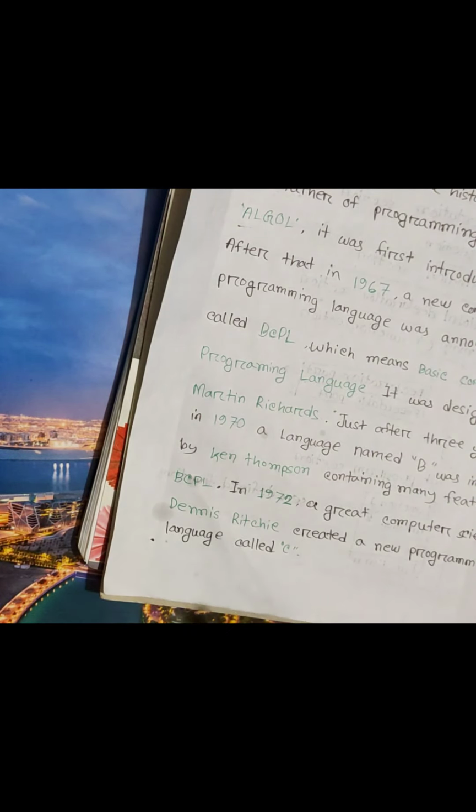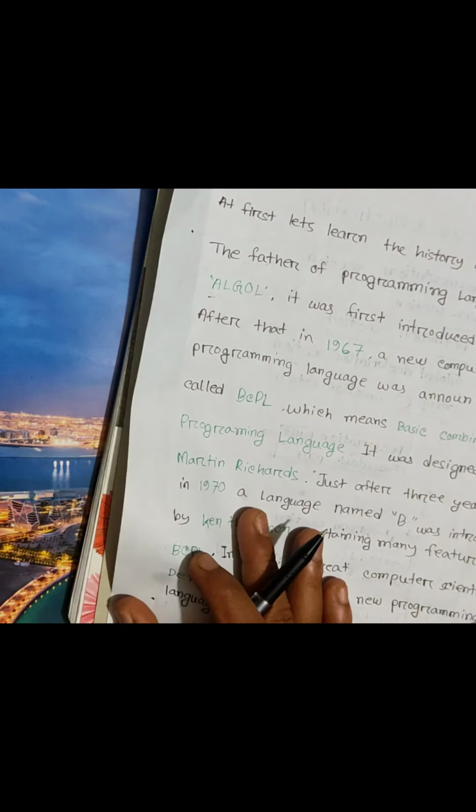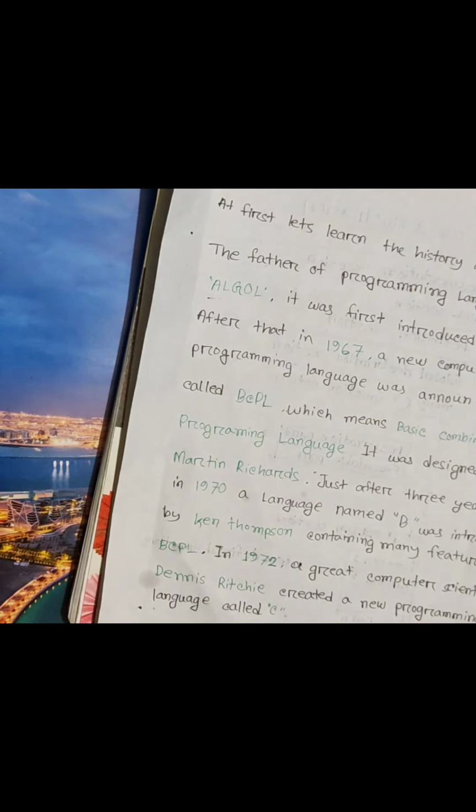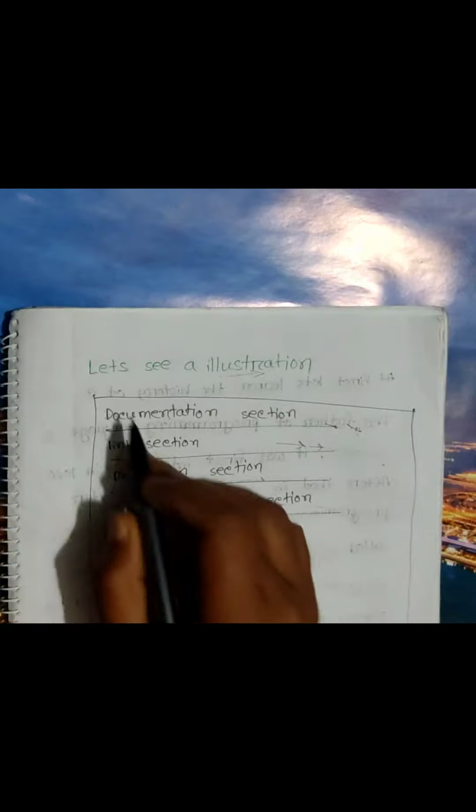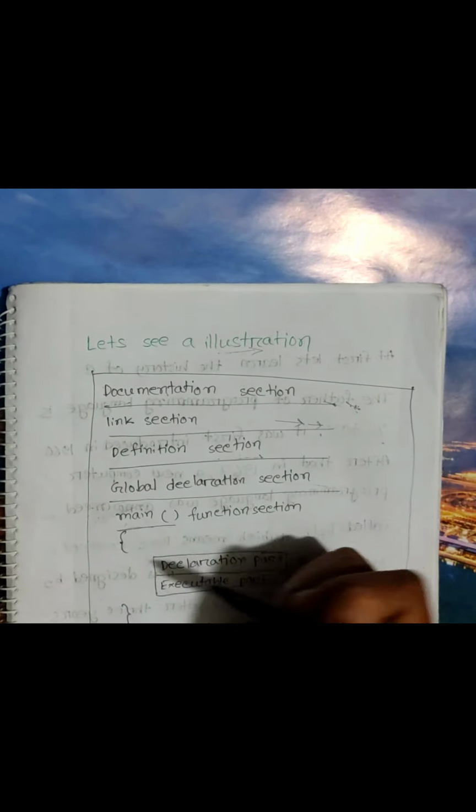After that, a lot of updated versions of C have come. We don't have to know this in this step. Okay, let's see an illustration about C. Here's the illustration.